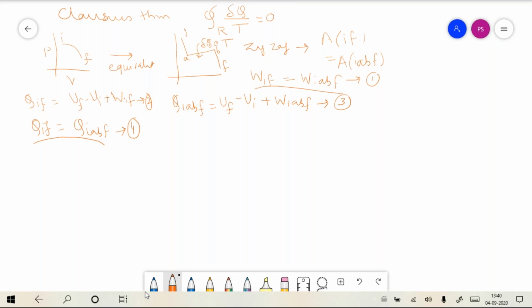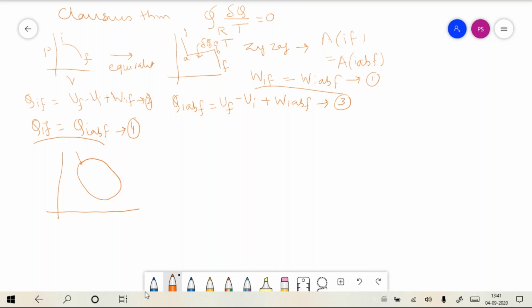Now with this knowledge that you can always replace a reversible path with a zigzag path comprising of two reversible adiabatics and a reversible isotherm, you consider an actual reversible cycle and slice it into an infinite number of pieces.